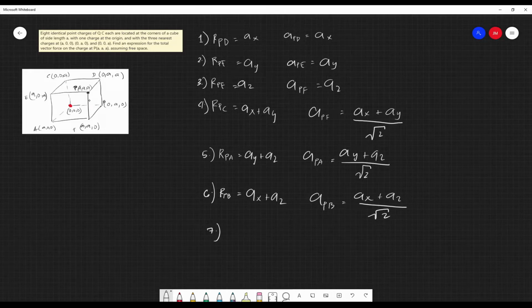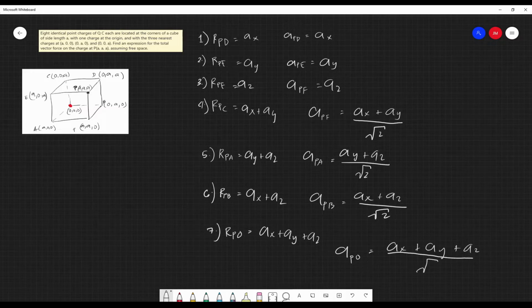And lastly, from point P to the origin, let's write that down as R_PO, for origin. Since all of them are zeros, it's simply a x plus a y plus a z, and the unit vector a_PO is a_x plus a_y plus a_z, divided by the square root of 3.